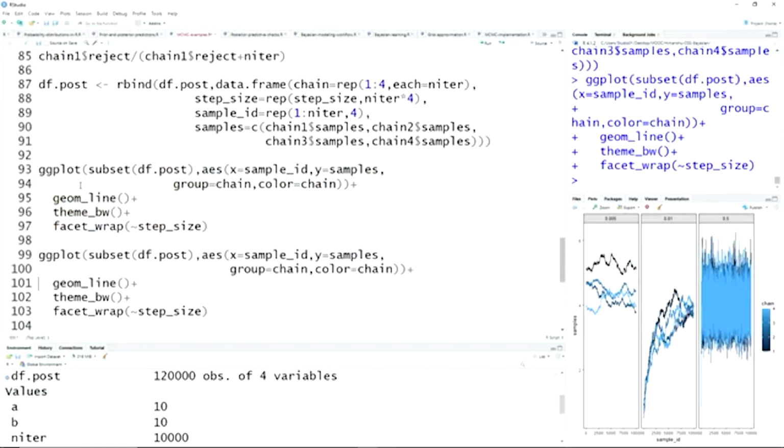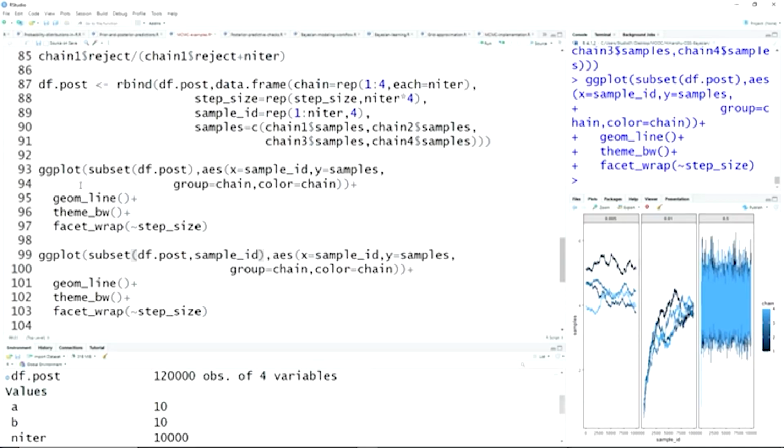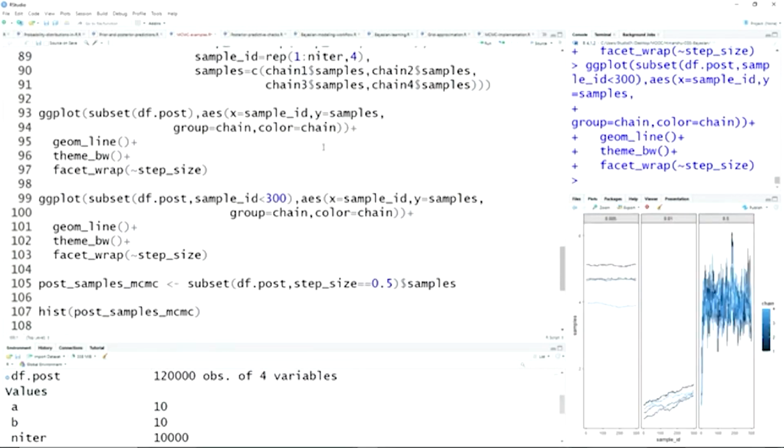You can draw the same plot again, but only for sample ID less than 300. Or maybe less than 100 because they are converging very quickly. So now you will be able to see the behavior.